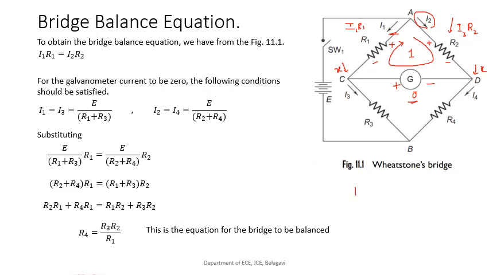I2 R2, then 0, then minus I1 R1 equals 0. The first term is the voltage across R2, the second term is the voltage across the galvanometer, the third term is the voltage across R1. We have taken minus I1 R1 because the direction of our arrow and the direction in which I1 is flowing are opposite.